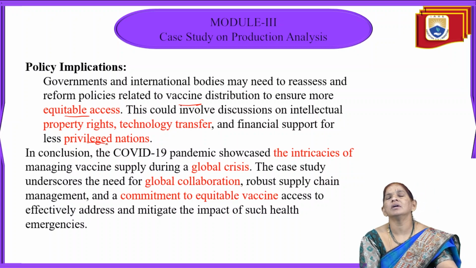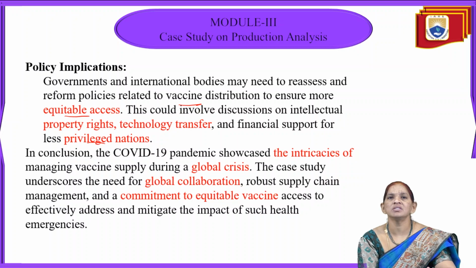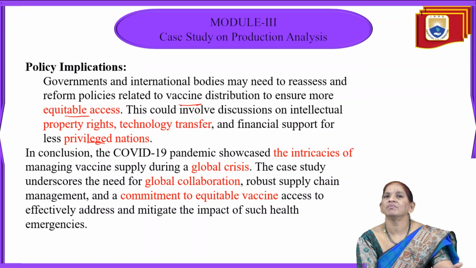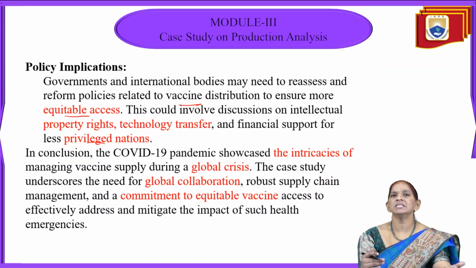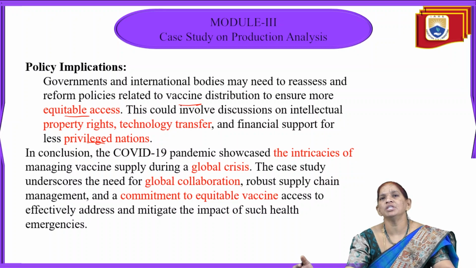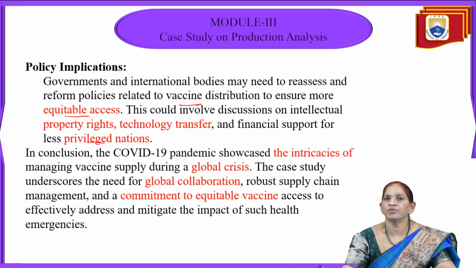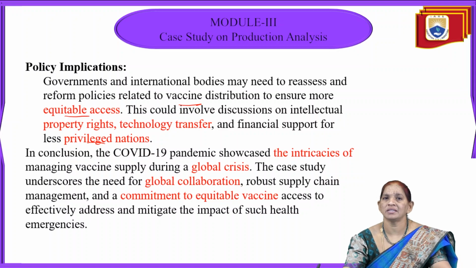The healthiest or richest countries should come forward at this time to help middle-income and poor nations with equitable distribution of pharmaceuticals or vaccinations, technological transfers, and some financial support.